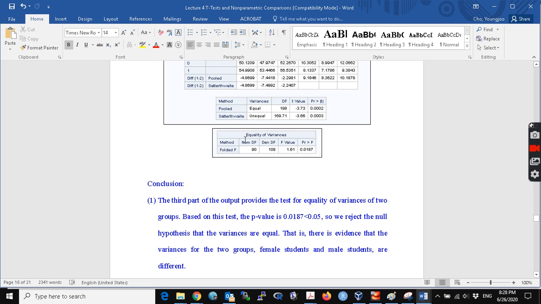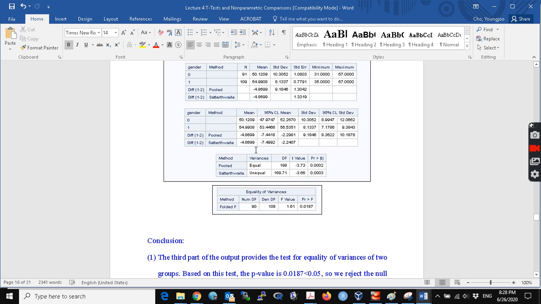The degrees of freedom for the numerator is n minus 1, which is 90, and the degrees of freedom for the denominator is n, the sample size of the second group, minus 1, which is 108.